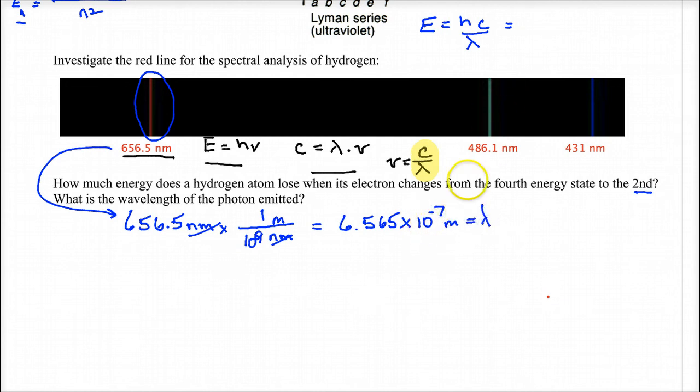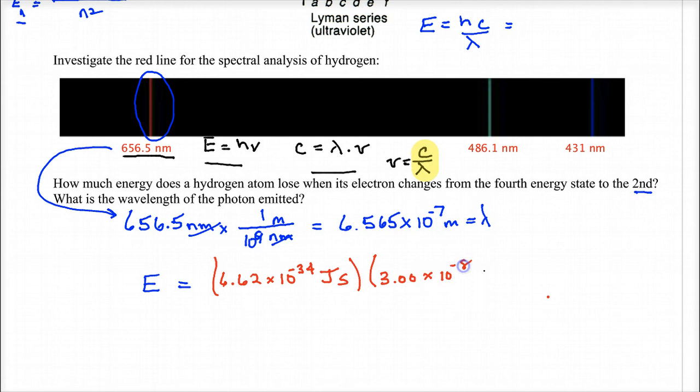Okay, now all I got to do is plug into my formula, and energy is equal to Planck's constant. So 6.62 times 10 to the negative 34 joule seconds. That's my Planck's constant. And of course, speed of light, we can round off, 3.00 times 10 to the 8 meters per second.